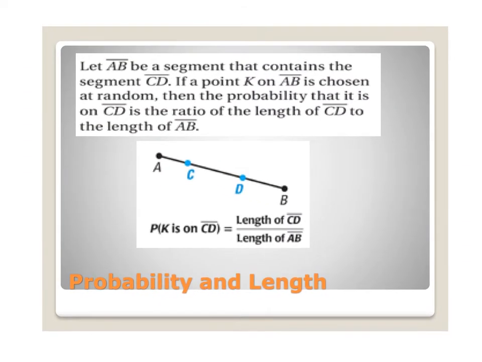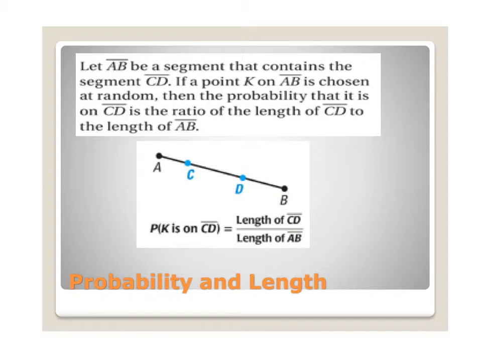Here is an example of a geometric probability where we're dealing with length. It tells us to let AB be a segment that contains the segment CD. So AB is the whole thing, and CD is just a portion of it. It's there in blue. If a point K on AB is chosen at random, then the probability that it is on CD is the ratio of the length of CD to the length of AB.